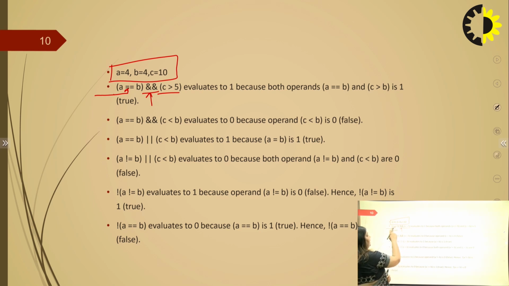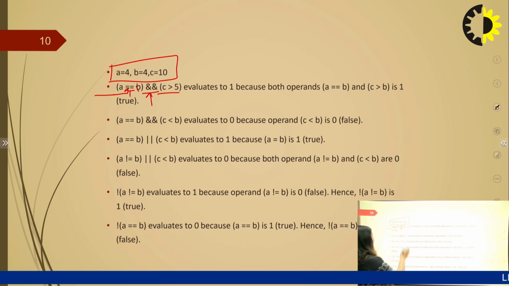We check whether A is equal to B. Yes, it is true, so write true here. We can write any number also, like 1. And C is greater than 5. What is the value of C here? 10. Is 10 greater than 5? True. So here we have got true.